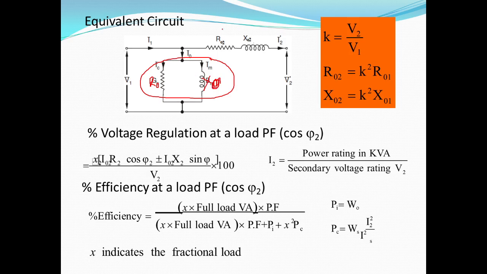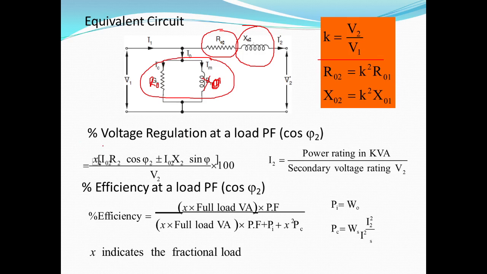R01 is the whole resistance referred to the primary, and X01 is the reactance referred to the primary side of the transformer. With the help of the transformation ratio K equal to V2 upon V1, R02 is equal to K square into R01, and X02 is equal to K square into X01.